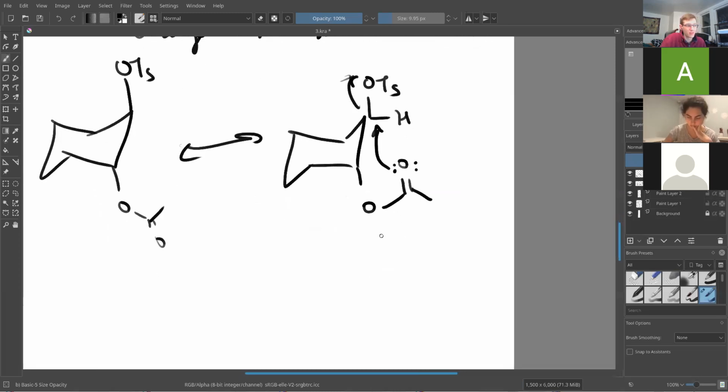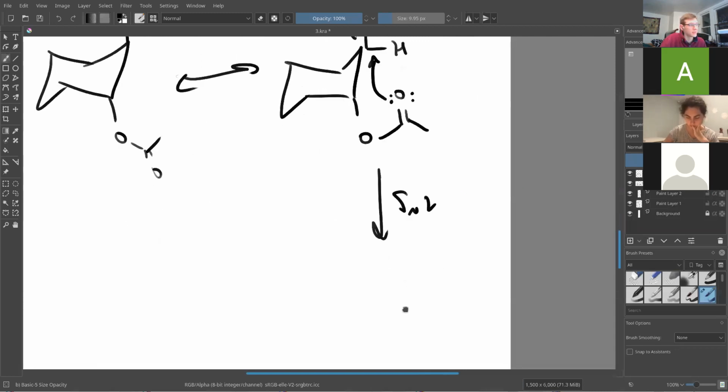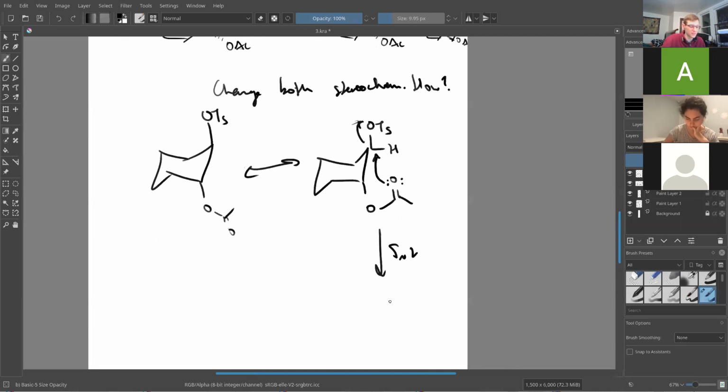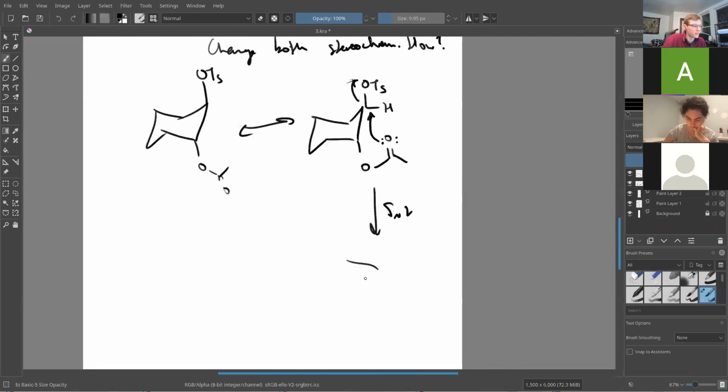Okay. So this here is SN2. Right? And now, yeah, we get a plus charge over here, but whatever, right? And now we get a ring that looks like this.